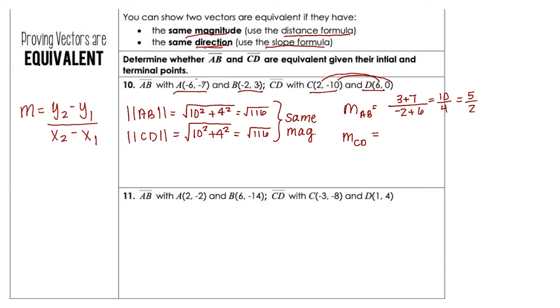We're going to have 0 minus negative 10, so 10 over 6 minus 2, which is 4. So we did get the same thing. We got 5 over 2. So this means that we have the same direction, doesn't it? So same magnitude with same direction. What did that mean? What kind of vectors do we have? Equivalent. Very good.